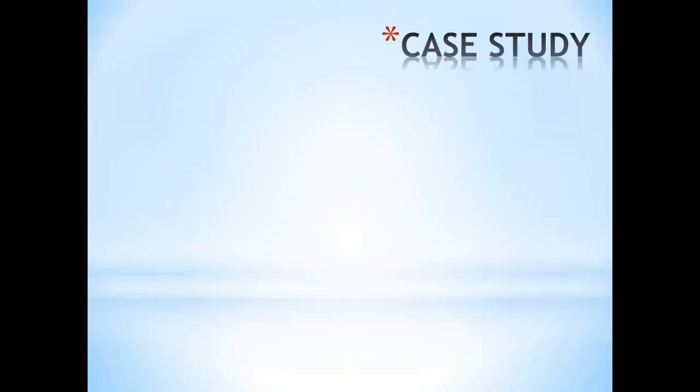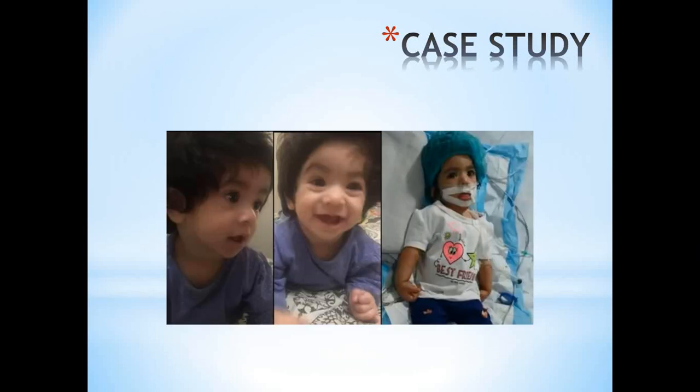And the next is the case study. In the previous year, we heard about a case of a little angel in a healthcare facility of Karachi, with a beautiful smile, and unfortunately, an administration error led to her death. What was the administration error?